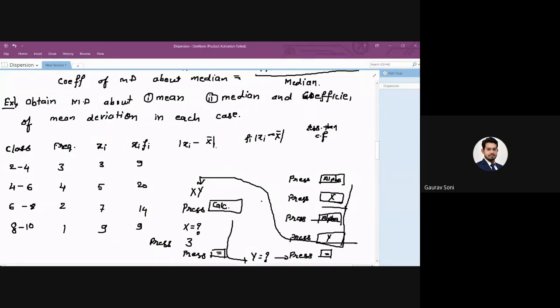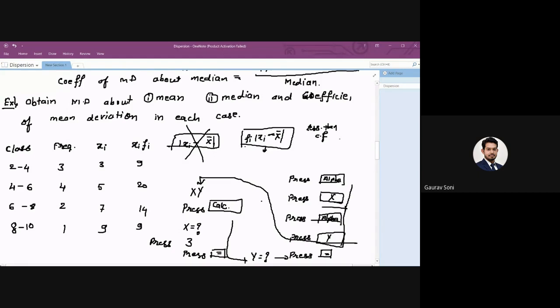Is there any point in taking this column when I can enter this function directly in my calculator? So this column can be reduced, the xi minus x bar part. So this I can always remove. Fi into xi minus x bar I can take, and I can directly enter this function in my calculator. So that's why one column is reduced.